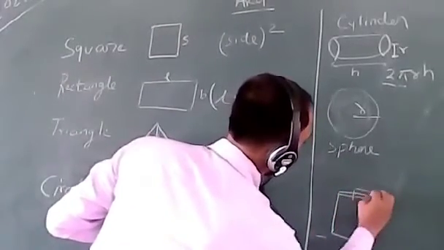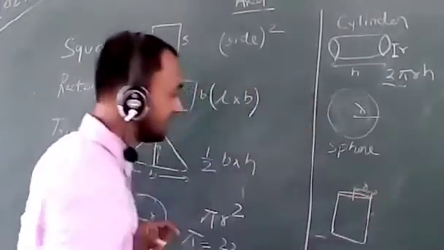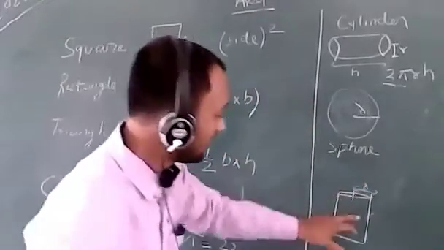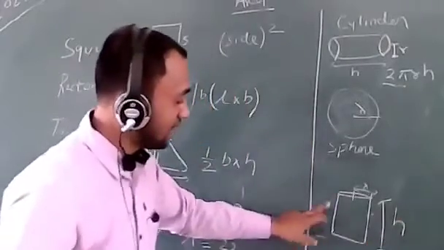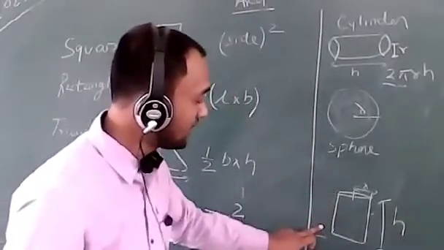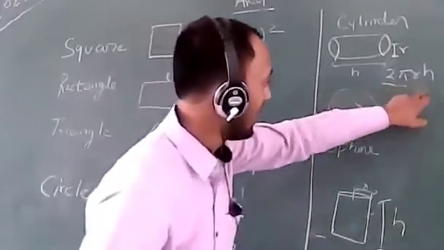This will be the radius of this cylindrical shape, and this will be the height. So if you have to find the area of this cylinder, the answer will be 2 pi r h.